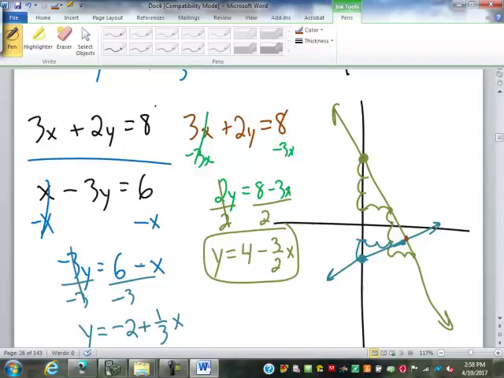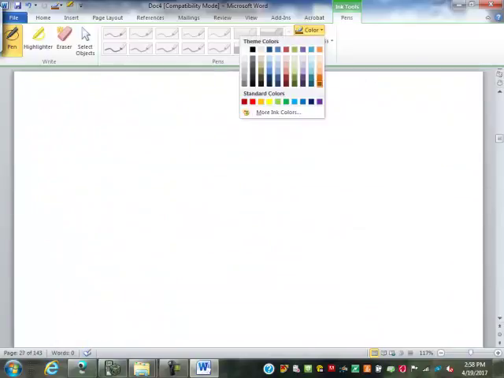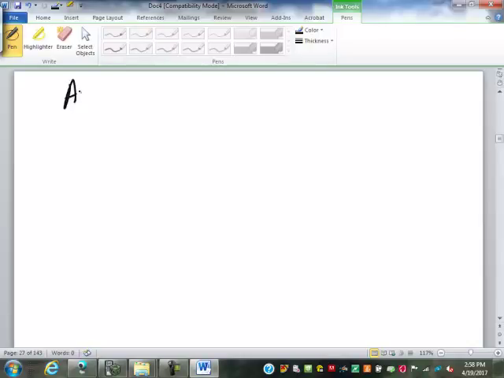Unless we're using a computer program where the computer can trace them and tell us where they cross, it's really not a practical way of solving equations that don't have whole number or integer answers. So if the solution to the system is going to be decimals or fractions, we need a way of calculating it without trying to graph it. So we're going to look at algebraic methods of solving.